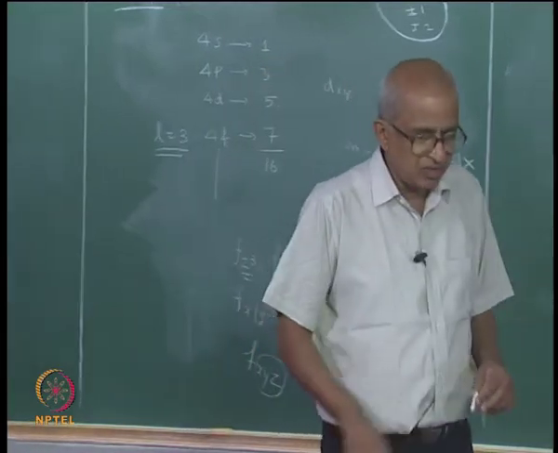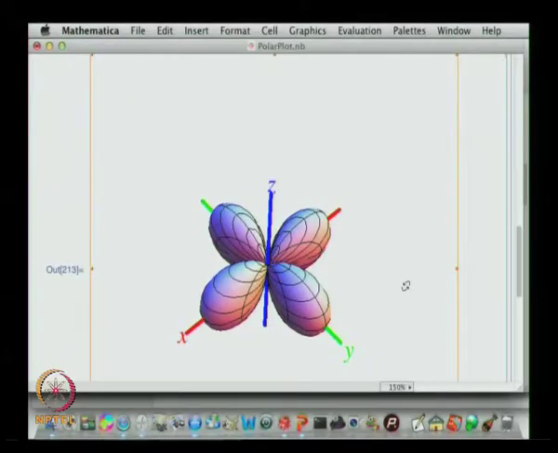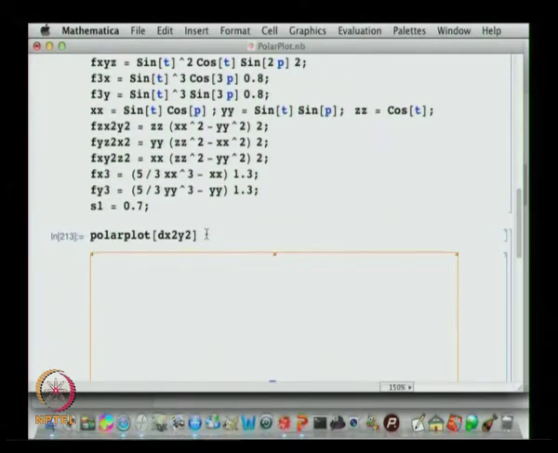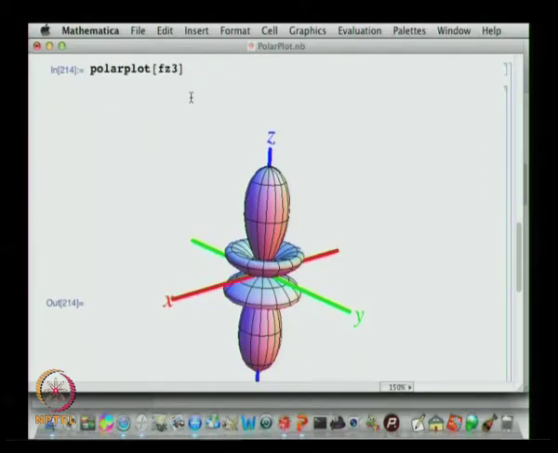So let me now look at the f orbitals. First I will plot f z cube. I have to execute the command. So you will see that this is f z cube.